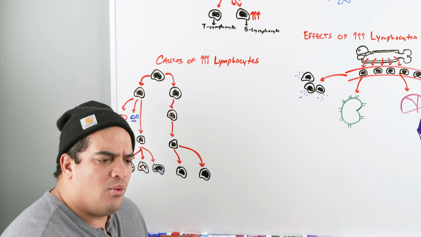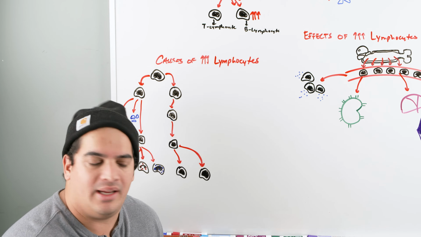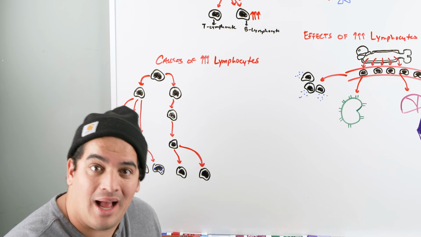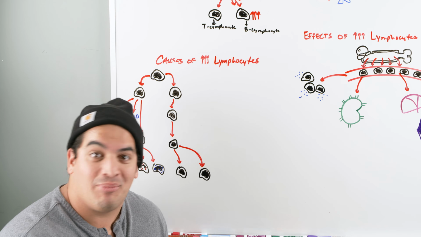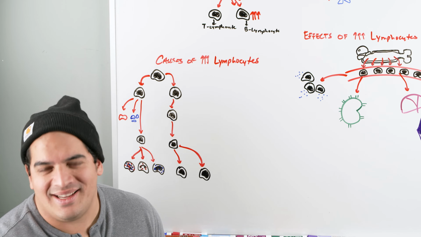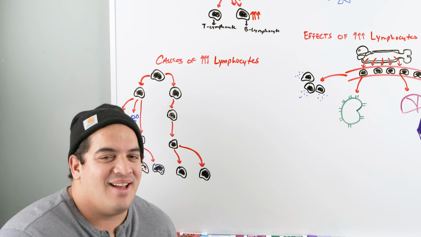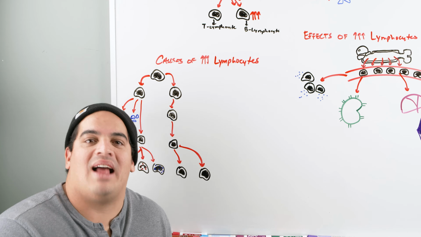So the question then comes, why are there so many lymphocytes? What's the reason why these cells are rapidly dividing and differentiating? I don't have the answer. I don't think anybody really does. And that's the problem with this one, there's really no true underlying reason or genetic problem. It could be due to ionizing radiation. It could be due to certain environmental hazards, but there's nothing that's really been shown and studied that you can rely on to be the cause.